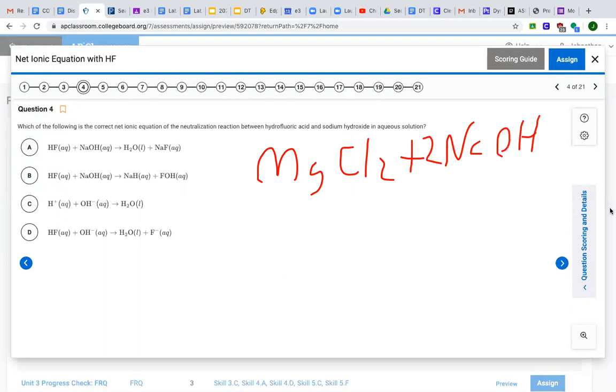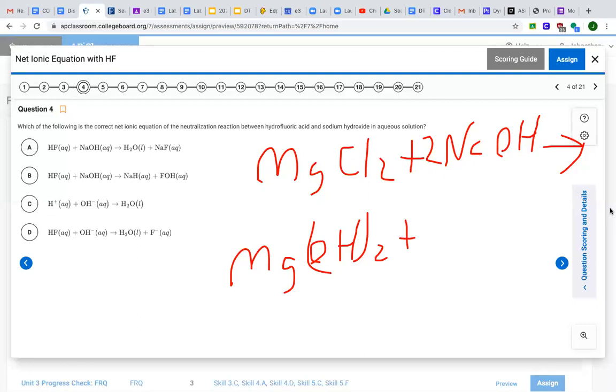That's going to yield Mg(OH)2 plus 2 NaCl. Let's say the Mg(OH)2 is a solid, and the rest is aqueous.